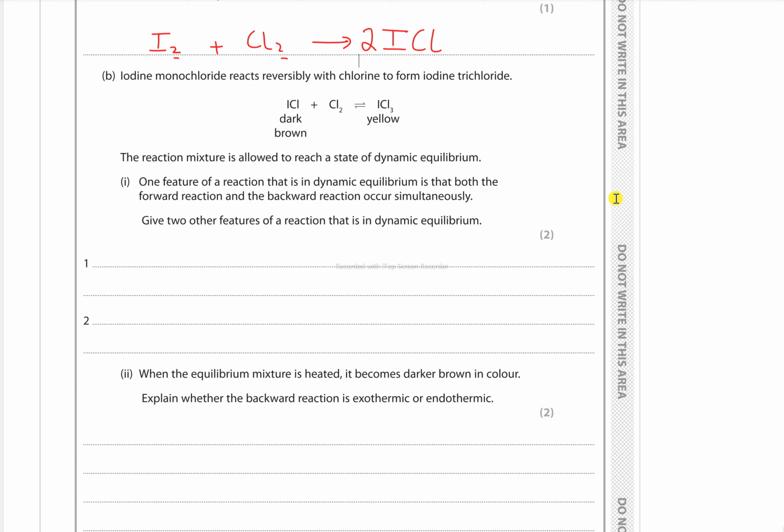Right. We're being asked about the features of dynamic equilibrium. This question's come up before. So there were 3 things that we had to learn, didn't we? They've actually given you one. Let me just highlight it here: that both the forward reaction and the backward reaction occur at the same time.